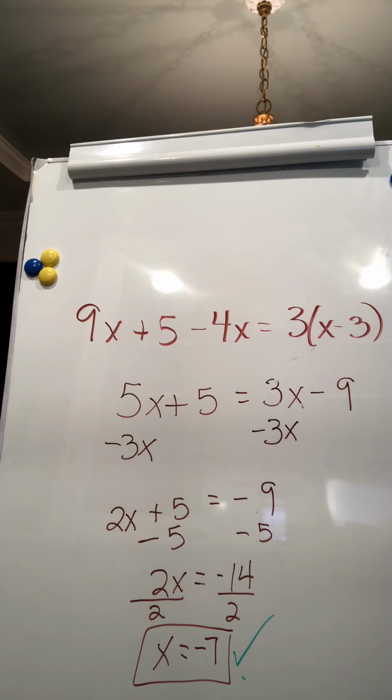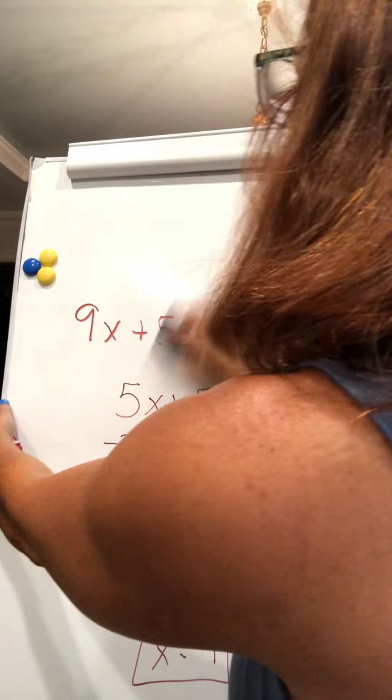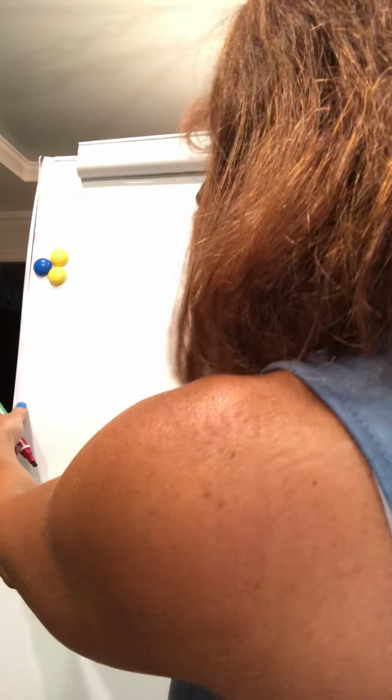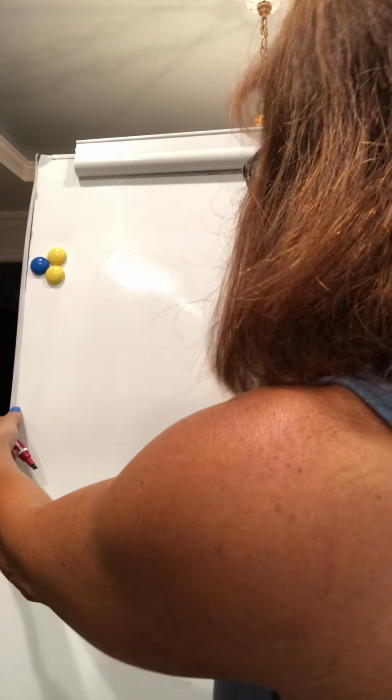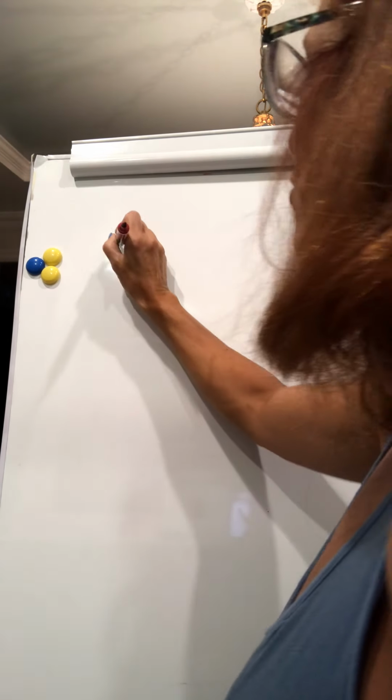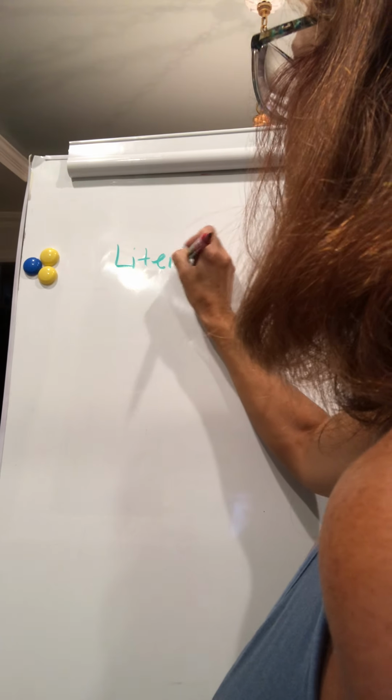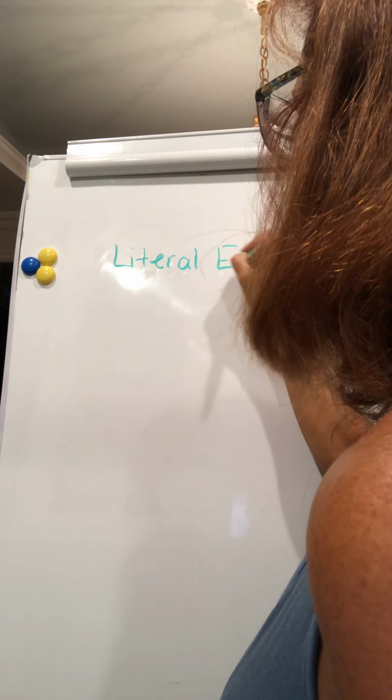A couple of features of solving equations that we will be using this year is formulas. Sometimes we want to take a formula and solve for a different variable. When we're talking about equations that have definitions related to them, they're called literal equations.